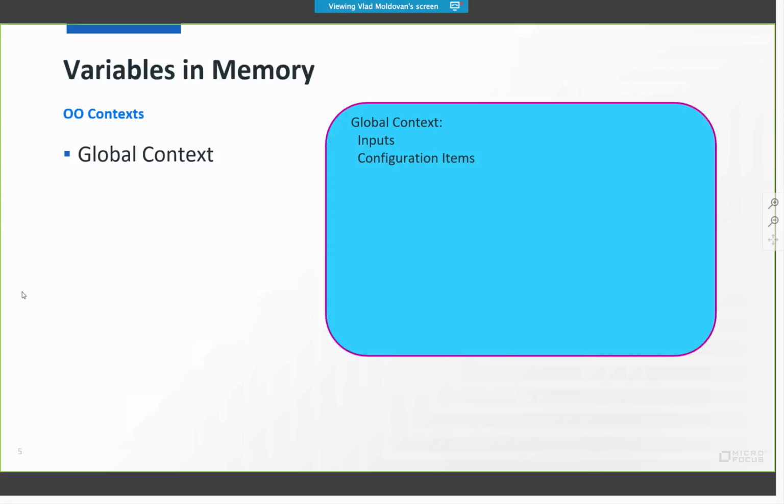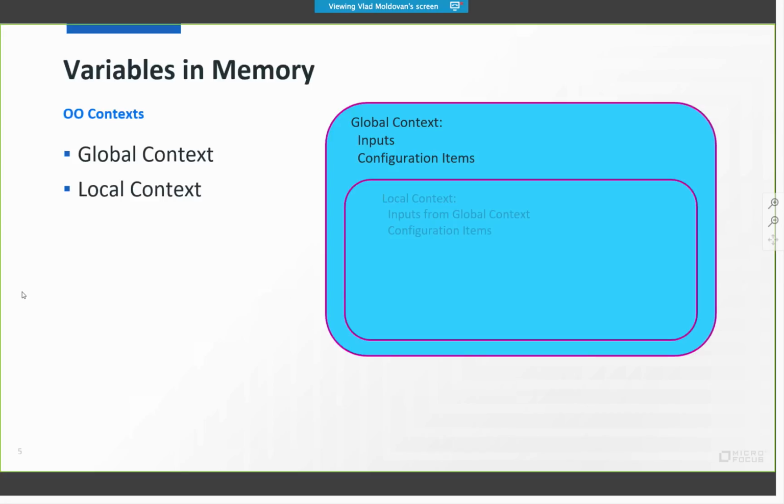Now, when you have flows in which all of the steps are operations, the global context and the next context, the local context, are going to be pretty much one and the same. But if you have multiple level executions, the local context and the global context will differ a bit.